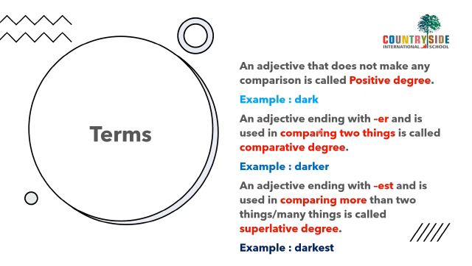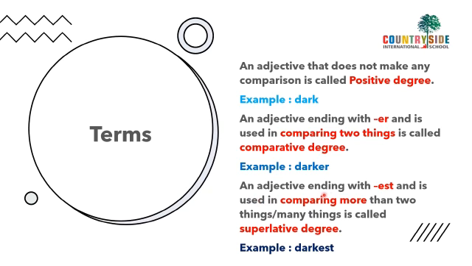An adjective ending with ER, when we add ER to it, is used in comparing two things. Whenever you add ER, that means you are comparing two things. This is called comparative degree. For example, darker. We added ER, we are comparing two things, right?